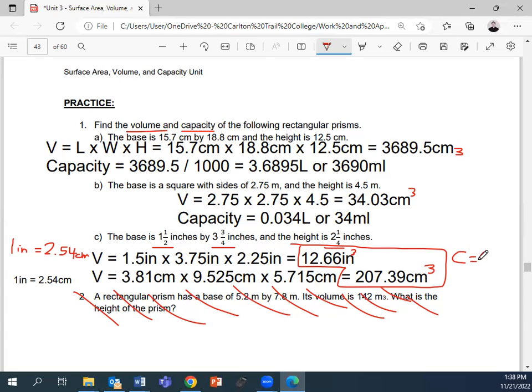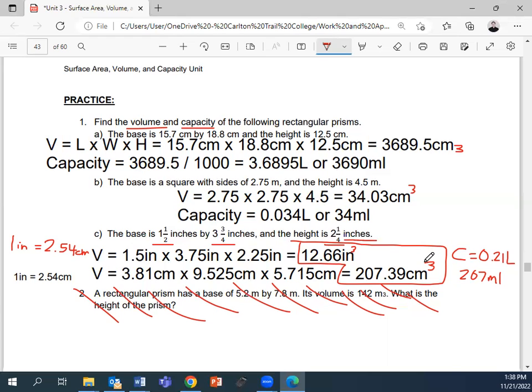So I'm just going to put 2.1 liters there. All I did was shorten that, or this is 207 milliliters. So I just wanted to point that one out. The base units do matter.